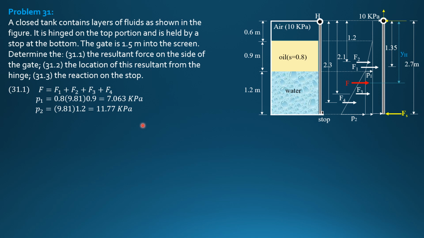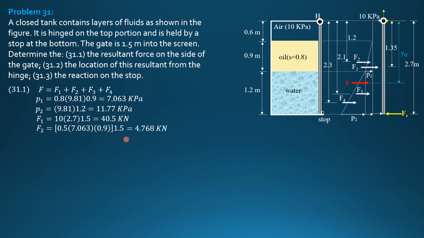So we can now compute F1. F1 is 10 kilopascals times height 2.7, then perpendicular to the board 1.5. So the volume of this pressure diagram is the area of the rectangle times 1.5. So 10 times 2.7 times 1.5, 40.5 kilonewtons. F2 for this triangle is the area of triangle times 1.5. The area of the triangle is 0.5 of P1, 7.063, times the height of the triangle, 0.9, then perpendicular to the board, 1.5.